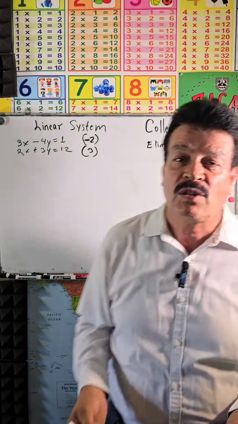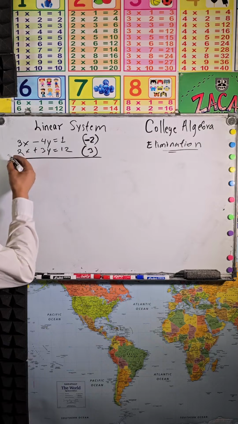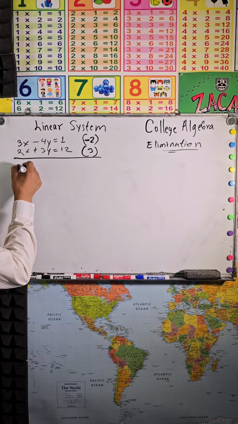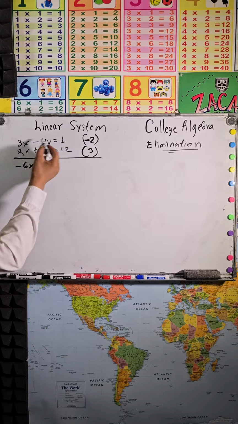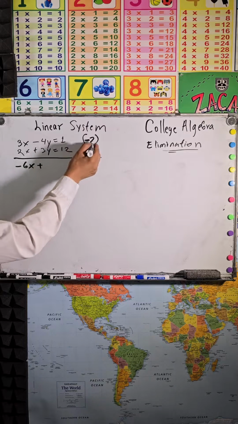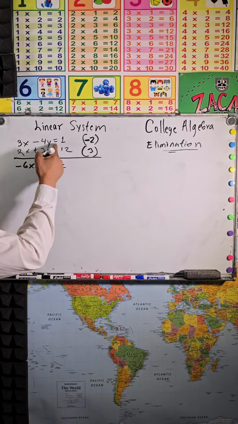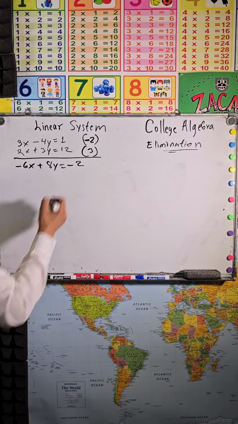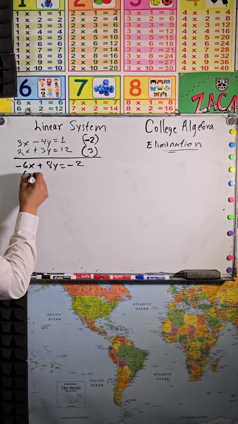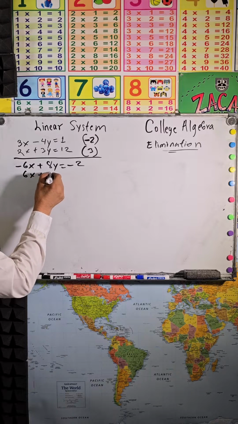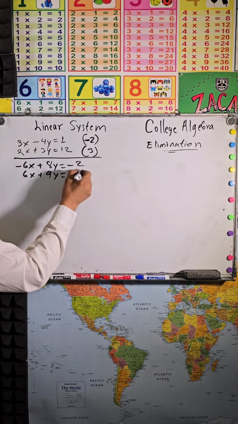So let's do the multiplication. Here we have negative 2 times 3 is negative 6x, and then negative times negative is positive, 2 times 4 is 8y, equals negative times positive, negative 2. So that's the first one. The second one: 3 times 2 is 6x, 3 times 3 is 9y, equals 36.